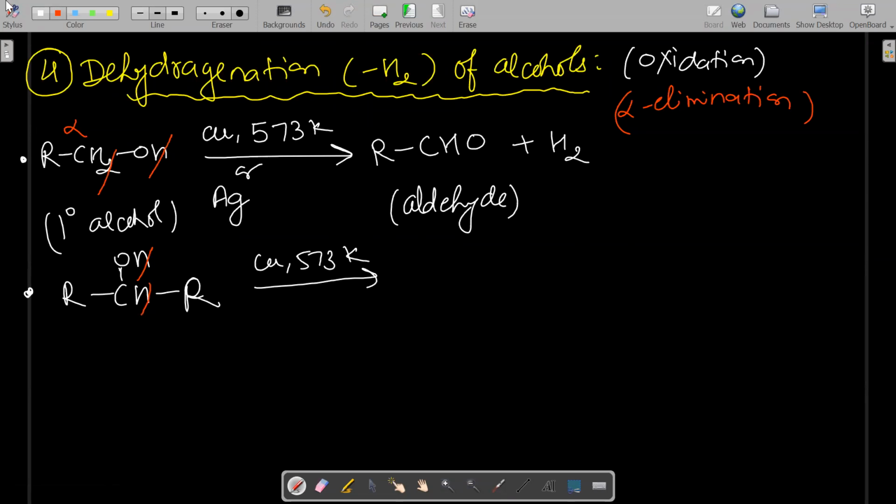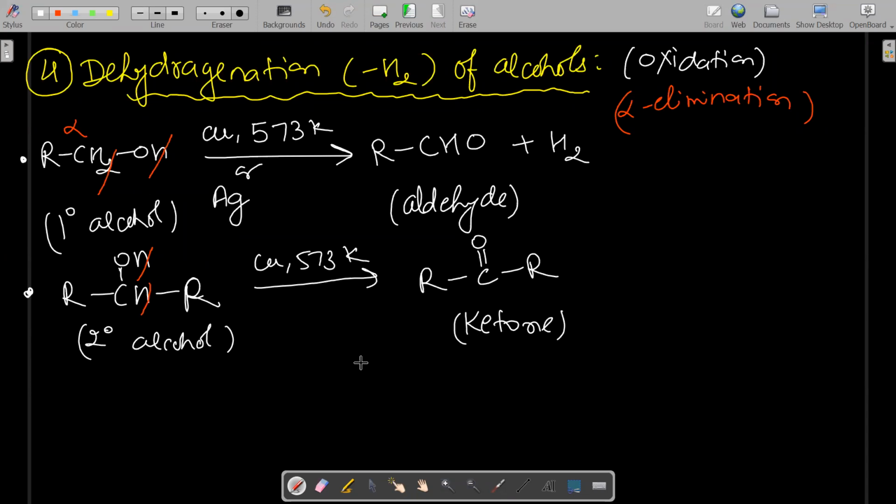So what product are you getting? Ketone. So secondary alcohol always converts into ketone, whether you take PCC or copper at 573 Kelvin or any strong oxidizing agent. So not water.